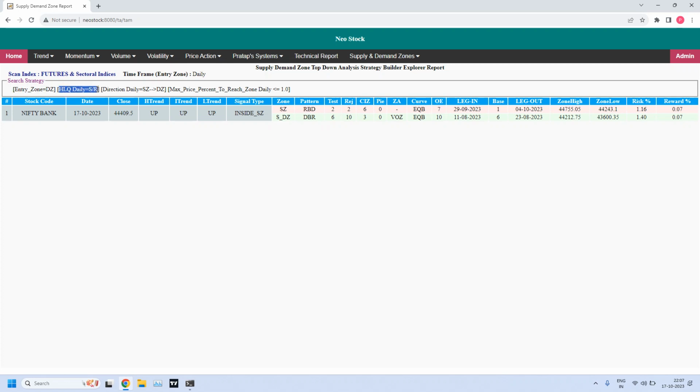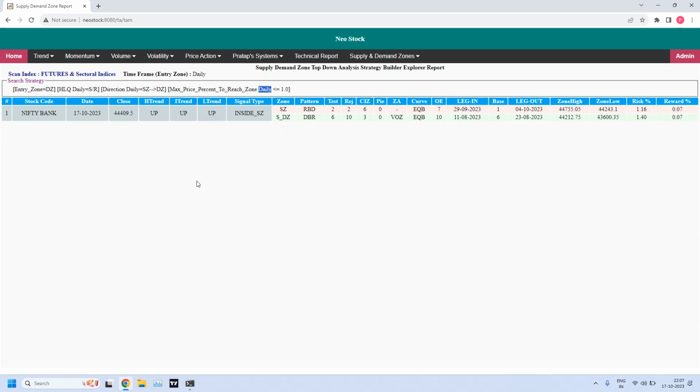Your high liquidity zone is S by R. And your direction is daily direction. For daily time frame, the stock should move from supply zone to demand zone. And the max price percent to reach the zone, that is a daily zone, should be less than or equal to 1. That means from our daily high liquidity zones, within 1% level, only Nifty Bank is available.